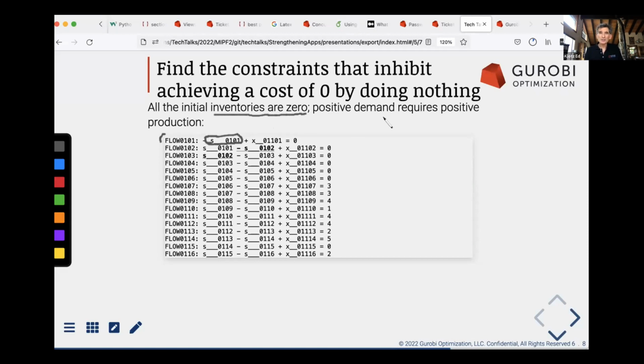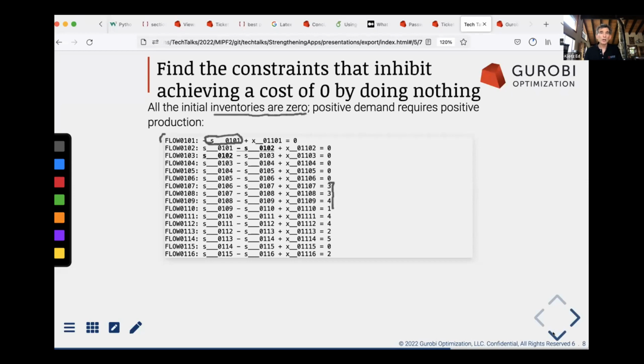So positive demand requires positive production. When we start seeing positive demand, like here in time period 7 and beyond, the only way we can do that is by producing something. So we have to set some X variables, which are the production variables, to positive values.